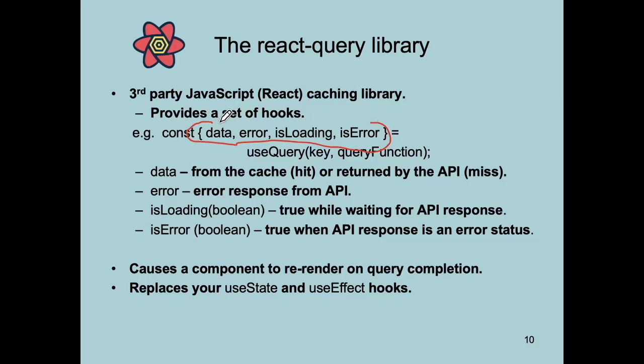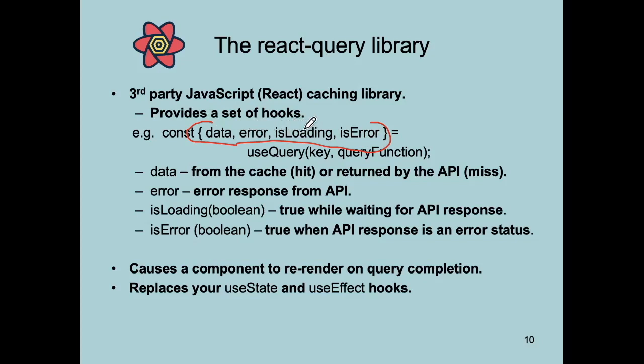Initially, let's suppose there's a cache miss, which means it has to invoke this function first to get the data. So when the useQuery hook responds, and it will respond synchronously, the first time, data will essentially be pointing at null. Error: no error has occurred so far, so that will also be null.